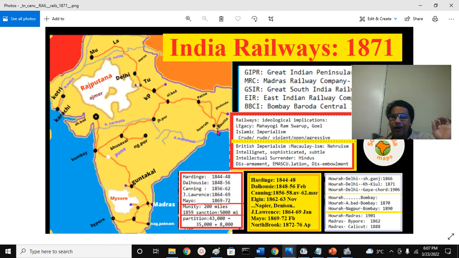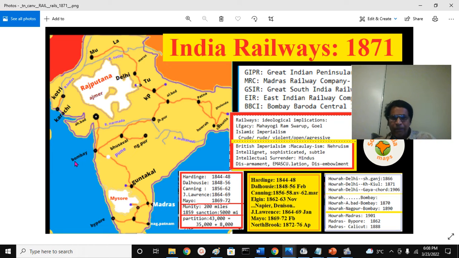In 1871, they also connected from Bengal Presidency, that is Howrah, to Patna, Allahabad, that is Prayag, Jabalpur and Bhusawal and Jalgaon, Manmad, Bombay. That is Bengal Presidency to Bombay Presidency.